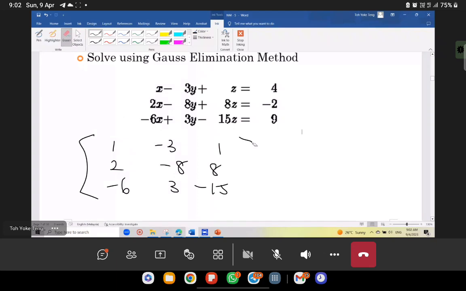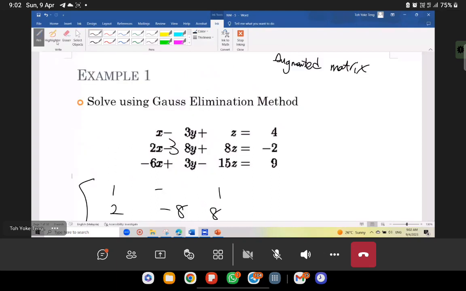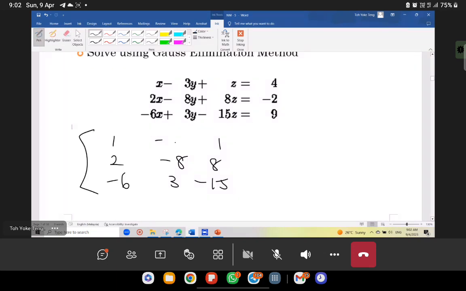Okay, so this one stands for A. Then 4, negative 2, 9.